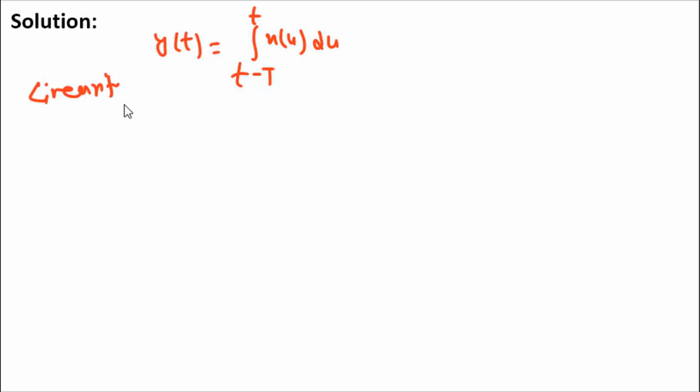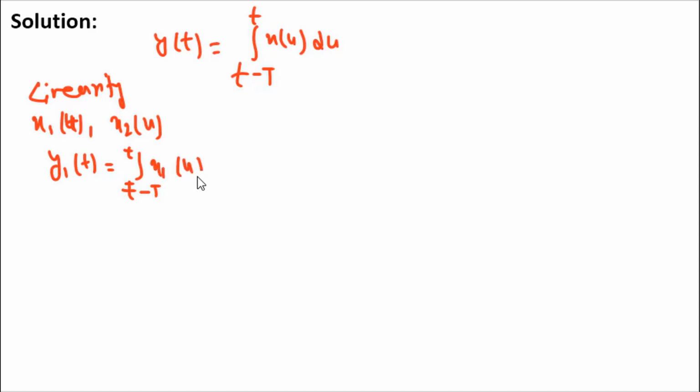Now in this question you are given y of t equals the integration from t minus capital T to t of x of u du. For linearity, you put the input as x1 of u and x2 of u. So your y1 of t becomes the integration from t minus capital T to t of x1 of u du, and your y2 of t becomes the integration from t minus capital T to t of x2 of u du.